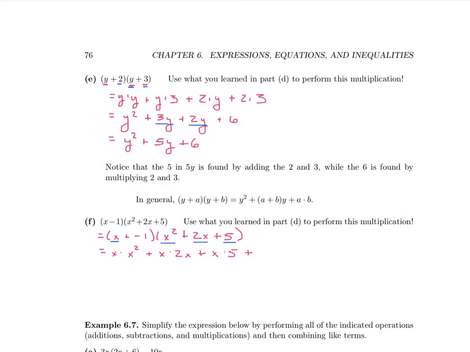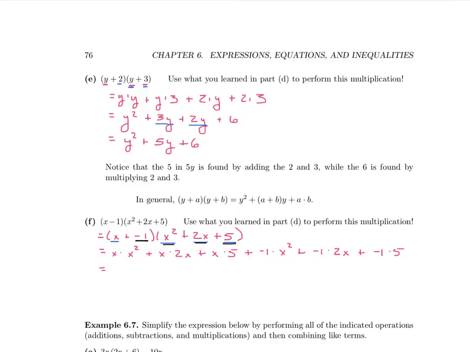And now we need to make sure that the negative 1 also multiplies all three of these terms. So I take negative 1 times x squared plus negative 1 times 2x plus negative 1 times 5. Now we need to simplify.